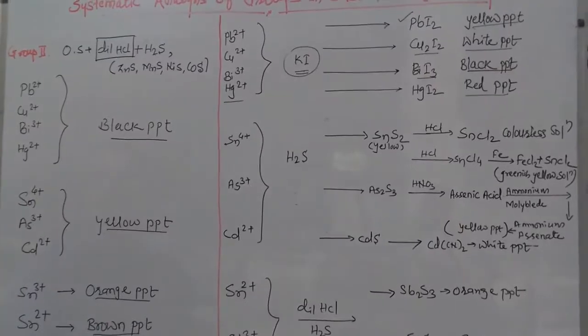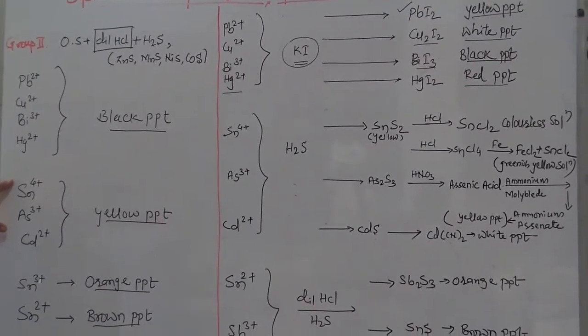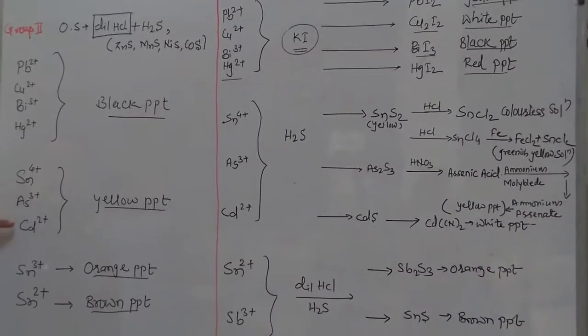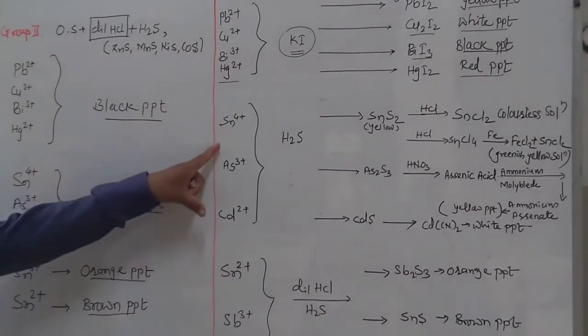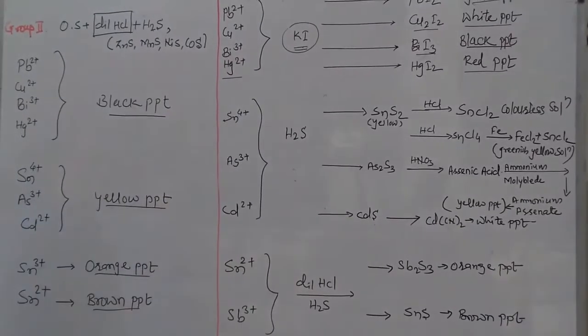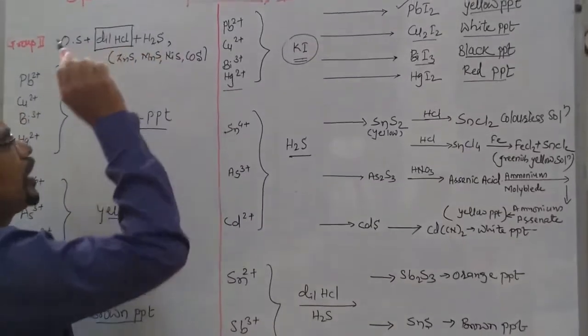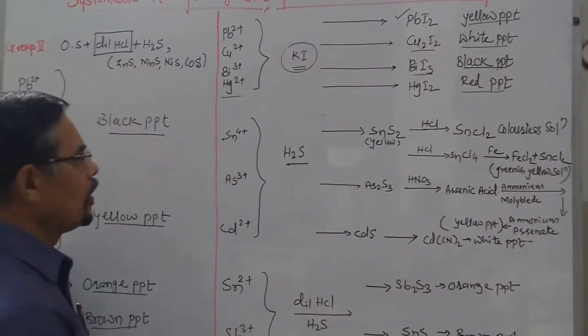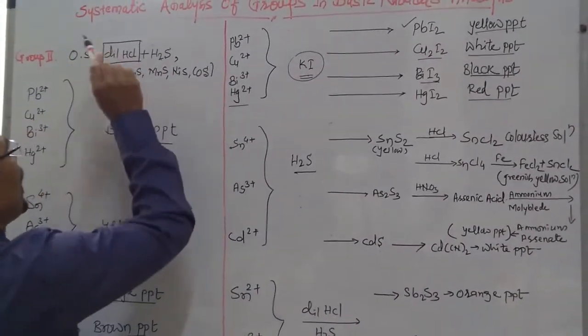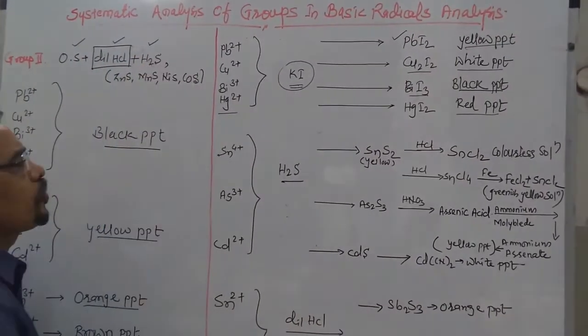Similarly, the next group of basic radicals, that is Sn4+, As3+ and Cd2+, can be detected by adding H2S solution. So in the original test of group 2 radicals, we add original solution plus dilute HCl plus H2S.